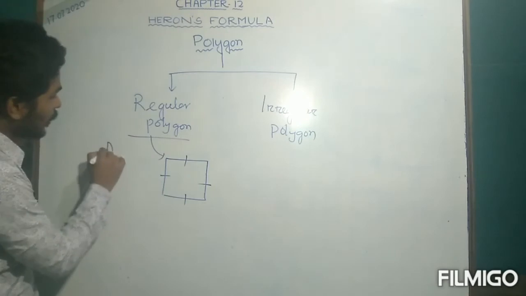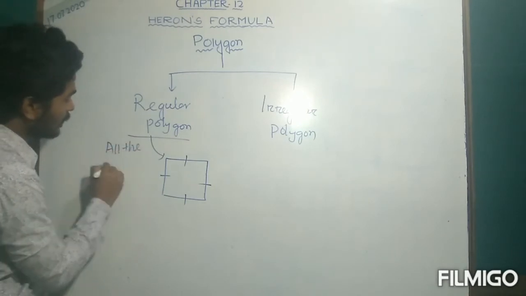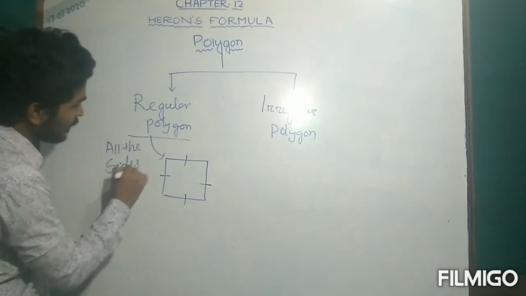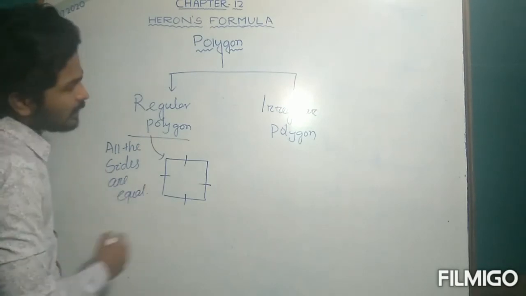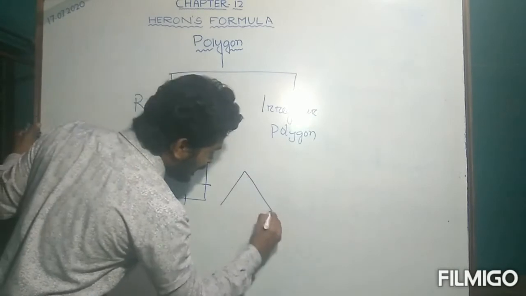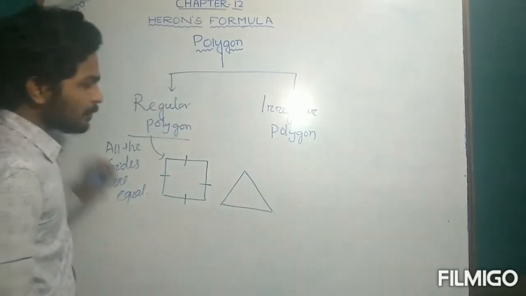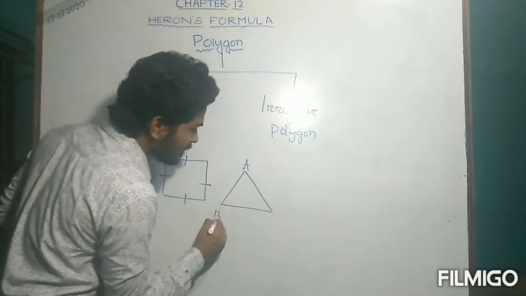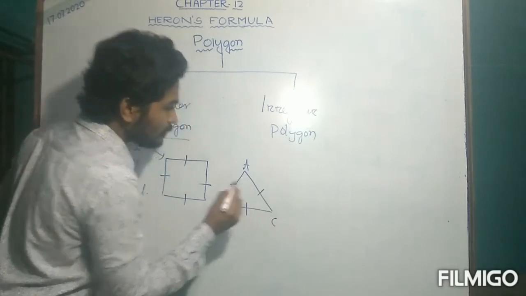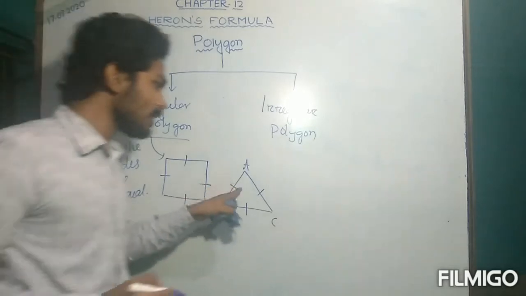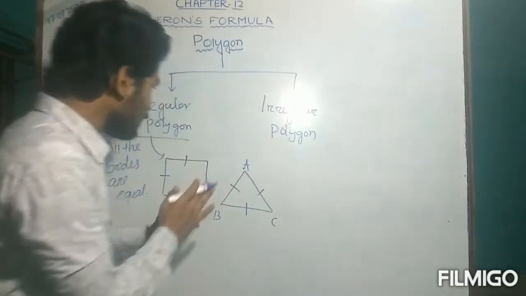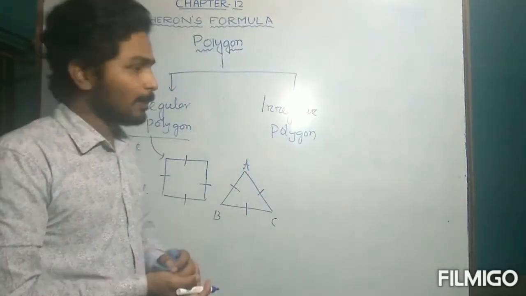So here all the sides are equal. Suppose I am taking the example of a triangle. In this type of triangle, if all the sides are equal, then it is known as a regular polygon. No doubt it is known as an equilateral triangle, but first of all it is a regular polygon.